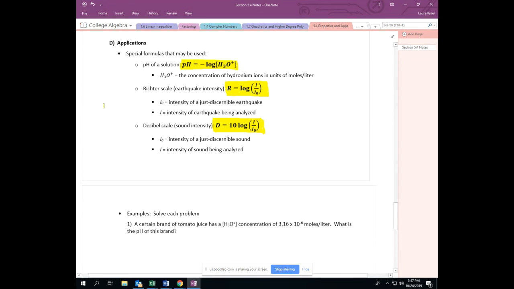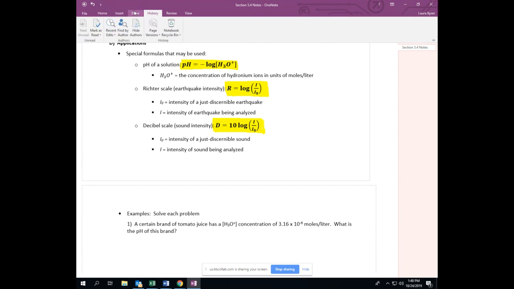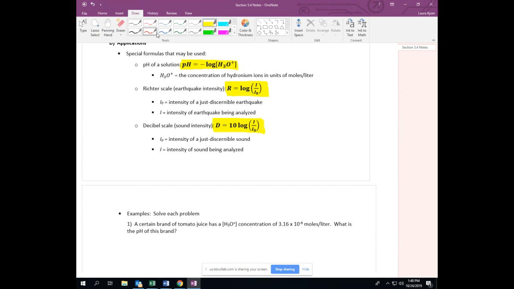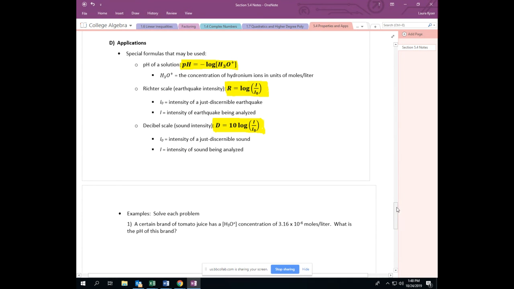And this time, I sub 0 is the intensity of a sound as soon as you can hear it. And then I by itself is the intensity or how loud the sound is that's actually being analyzed. So those are just some formulas. And we've got a few examples involving each one of these. So let's take a look.